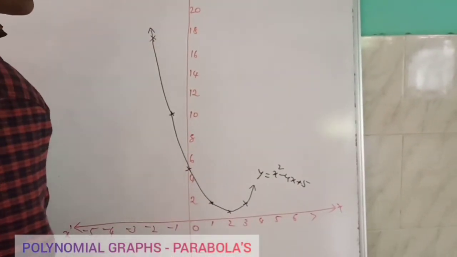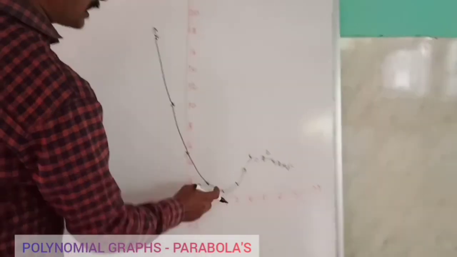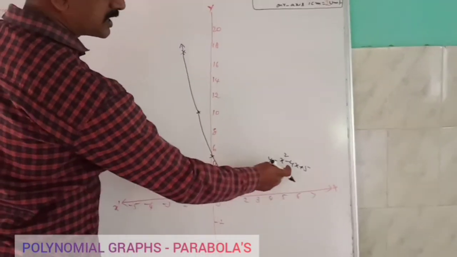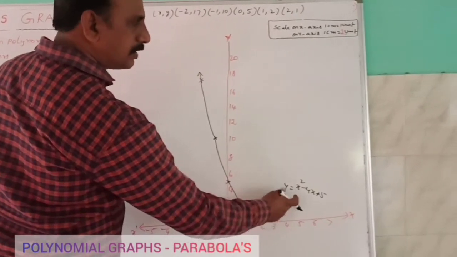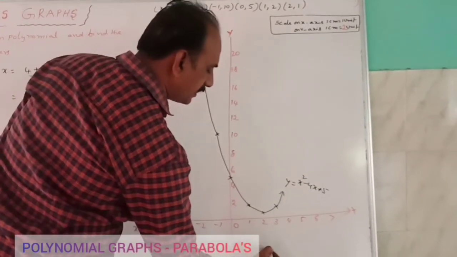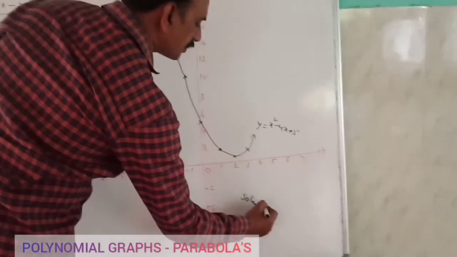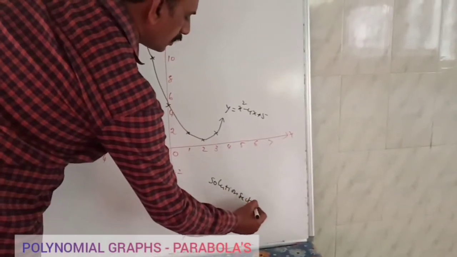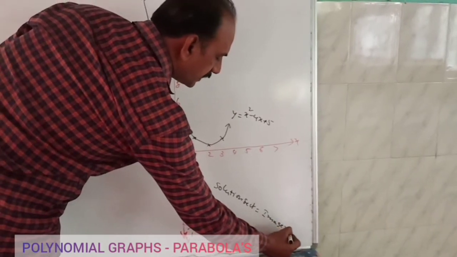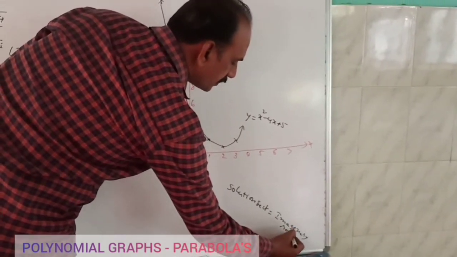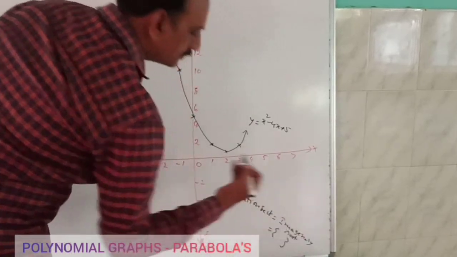Observe the graph. The parabola does not meet the x-axis. So the roots are imaginary, and the solution set has no real values.